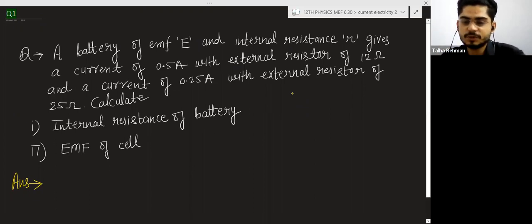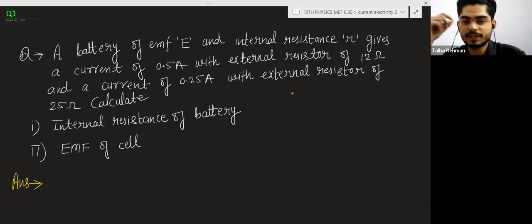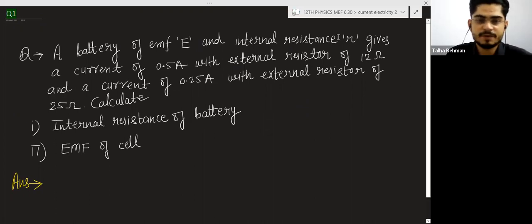I am just reading the question for you. A battery of EMF capital E and internal resistance small r gives a current of 0.5 ampere with an external resistor of 12 ohm and a current of 0.25 ampere with an external resistor of 25 ohm.